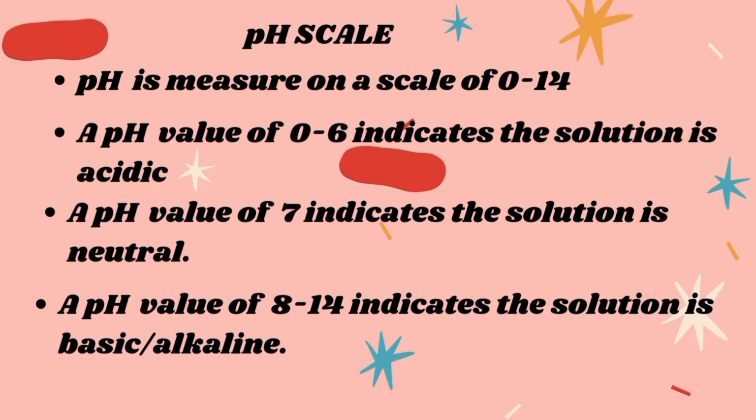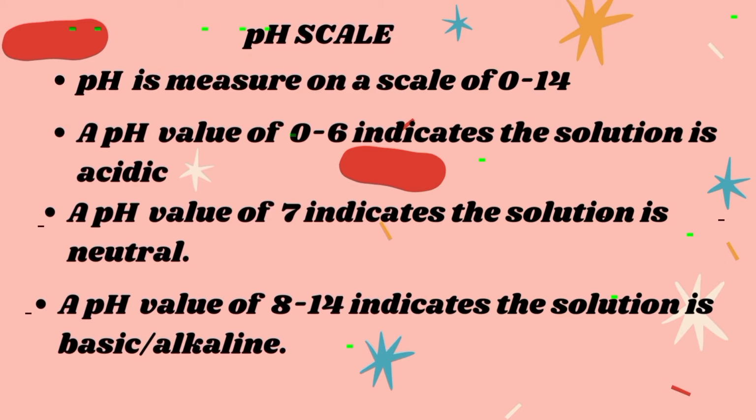A pH value of 0 to 6 indicates the solution is acidic, while a pH of 7 indicates the solution is neutral. However, a pH value of 8 to 14 indicates the solution is basic or alkaline.